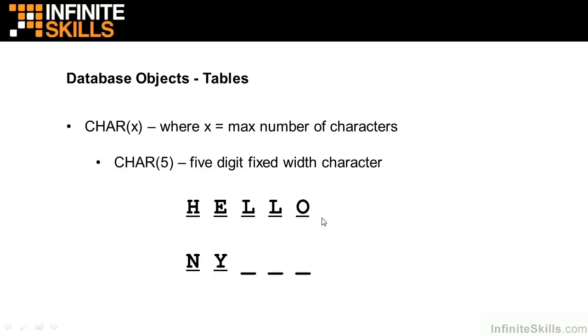If we have the word hello in a char 5, we see that it fills all of the 5 spaces that are given to it for a maximum. If we were to use a state code like NY in a char 5, these extra spaces would actually be essentially wasted, because char 5 will allocate those out for the purposes of storage, but will not actually store anything in them. So with char, we make the distinction of a fixed width data type.